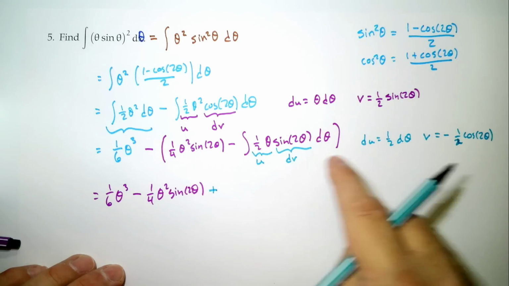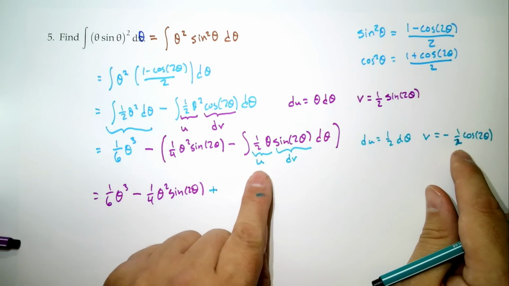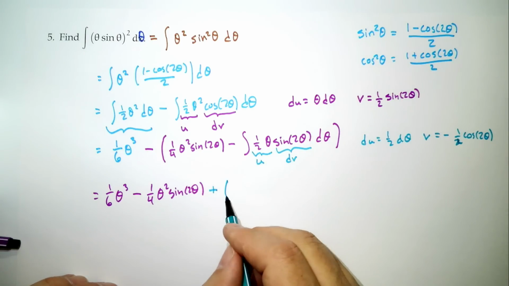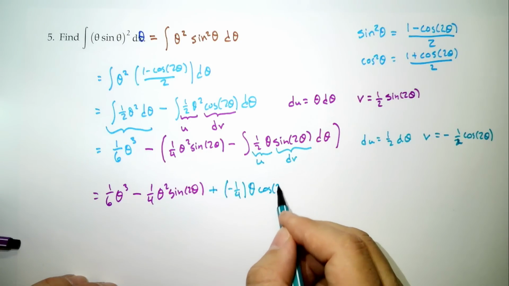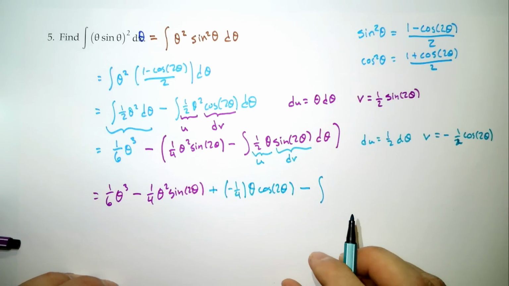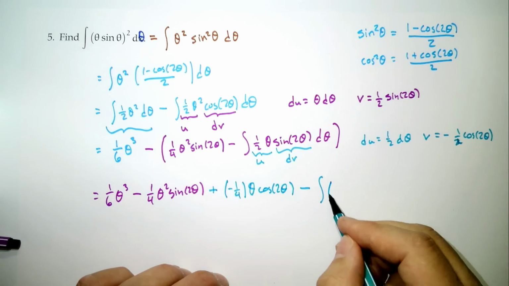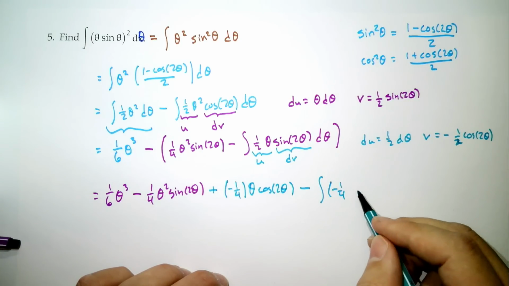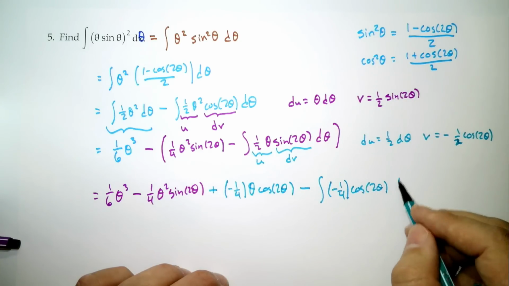All right, then it's going to be uv, so 1/2 times negative 1/2 will actually make it minus 1/4 theta cosine 2 theta, and then minus the integral of v du. So we're going to get minus 1/4 cosine 2 theta d theta.